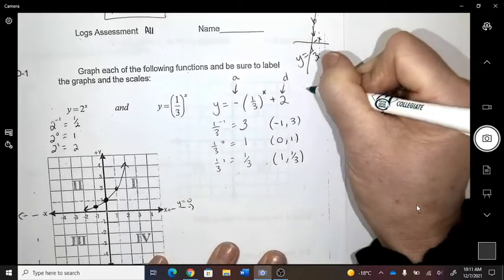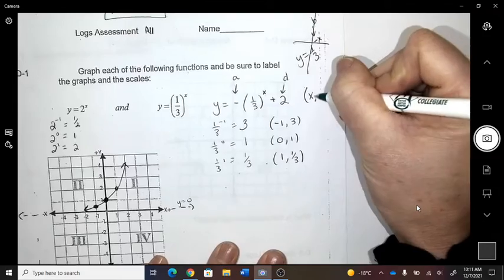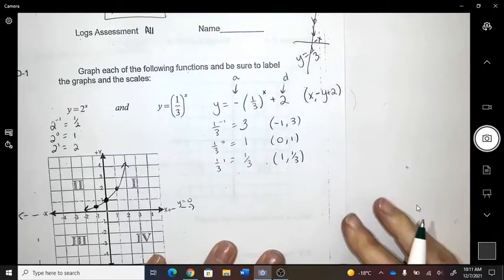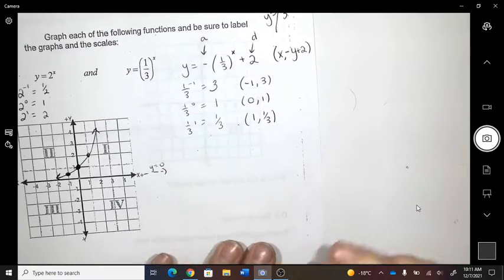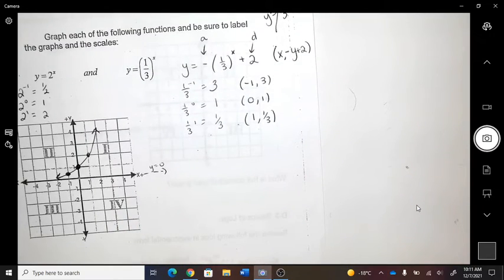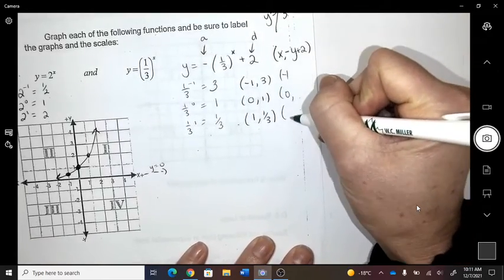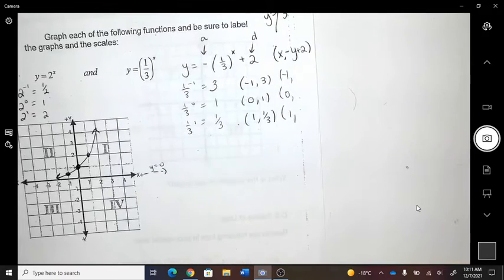Okay, so my equation is going to be this. Nothing with the x, -y plus 2. That's what happens with my transformations, -y plus 2. So therefore, I'm going to run my 3 coordinates through.